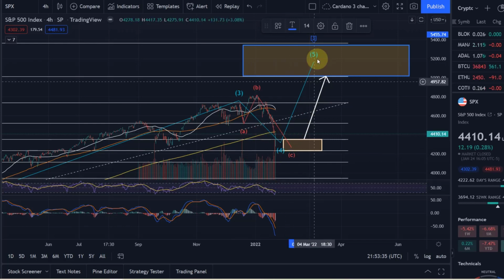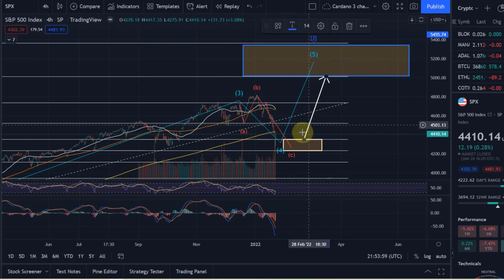And towards that wave 5, that would be a completion of the wave 3. So that area here would, in my view, start at 5,000 US dollars, maybe slightly below that, but pretty much at 5,000. And it would go all the way up to around 4,350. Somewhere in here, that wave 5 should land.